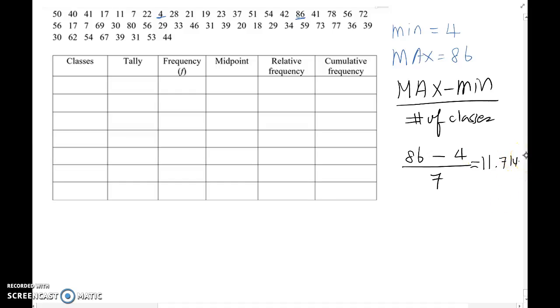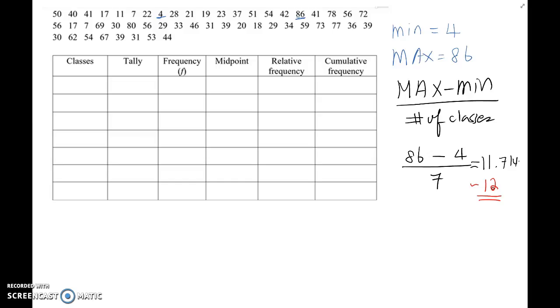Now, whenever we want to determine class range, we always round up. So this value is going to 12. Please be careful. Even though your calculation comes out 11.2, still round up.